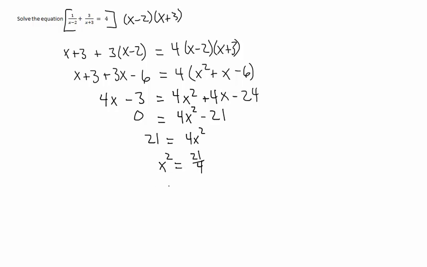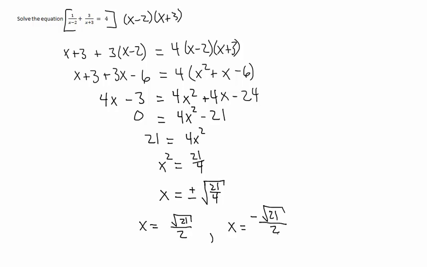And it's important to remember that when we take the square root of both sides, our solution is plus and minus the square root. In this case, the square root of 21 over 4. So our solutions are x is equal to the square root of 21 divided by 2, and x is equal to negative square root of 21 divided by 2.